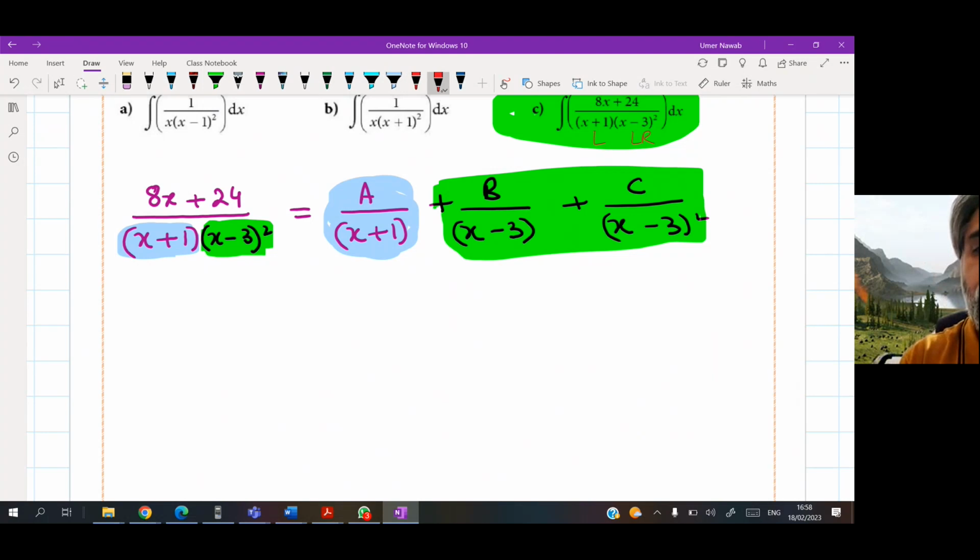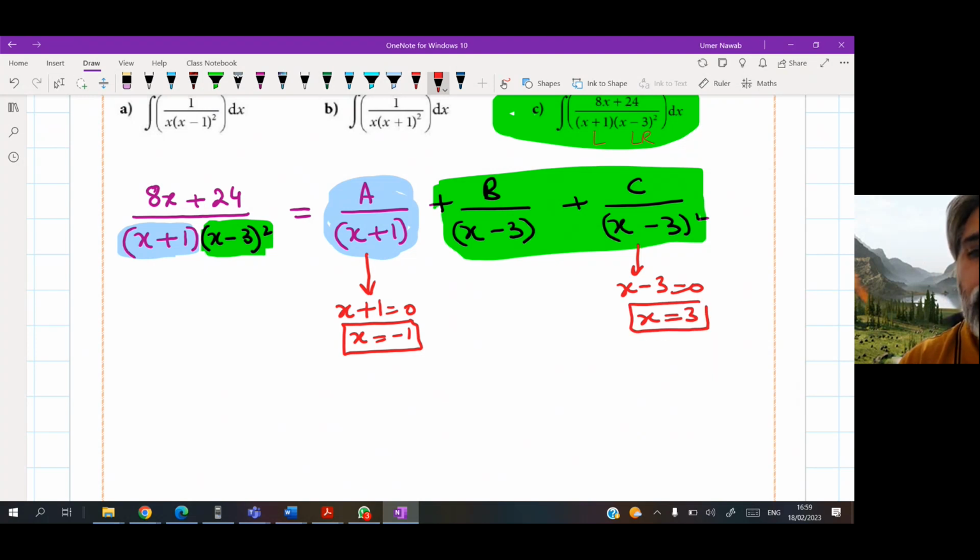My direct technique, which I have taught you, will help you get A: put x plus 1 equal to 0, so x is equal to minus 1. Don't put this one as 0, because you can put either one of them equal to 0. Here x minus 3 should give you the value of C. Ready?